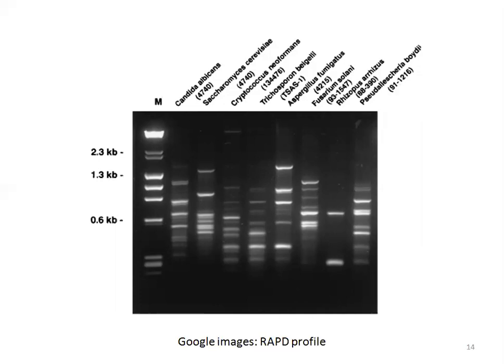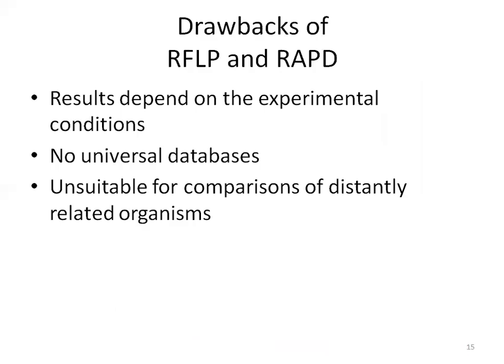So this is all about the RFLP and RAPD. Here in this slide, you can see some drawbacks of RFLP and RAPD. The results depend on the experimental conditions. If the experimental conditions vary, then your results may not be authentic. There are no universal databases.